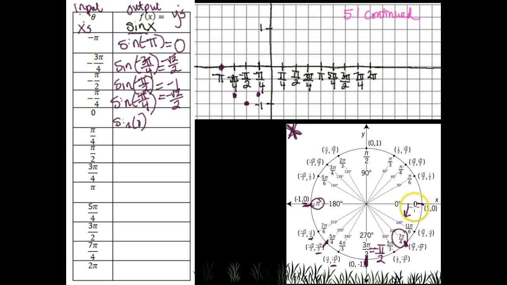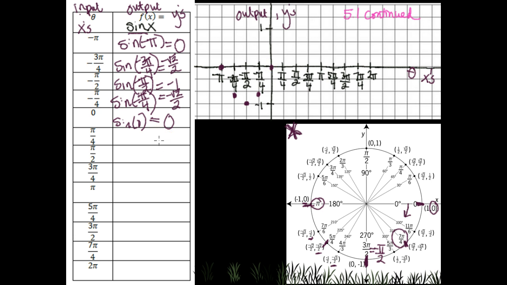Remember, the input is the angle measure. So that lands us here. What's the y value? There we go, it's 0. So sine of 0 is 0. Where does that put me on the graph? This is my angle theta, or your x's, this axis, and this is your output, or your y's. So that lands me here.